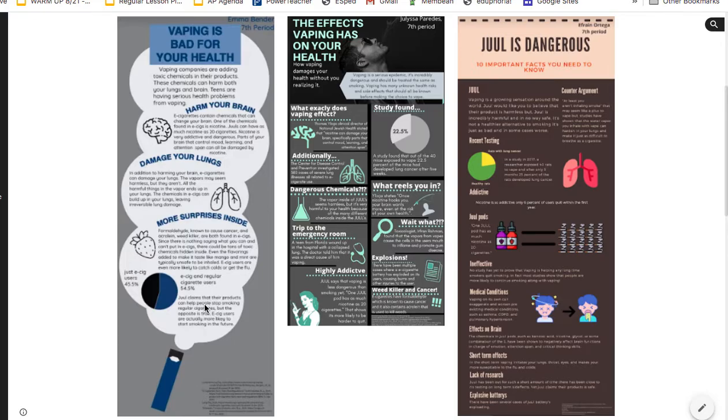I'm going to have at least 10 facts on my infographic that support my claim directly. You want your information to be concise, directly to the point, but you want there to be enough information there for your audience to really get the point and understand the purpose there.